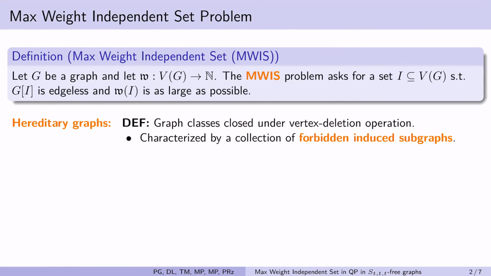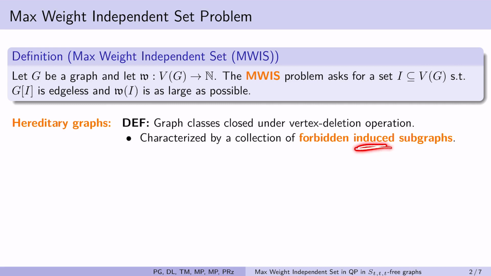Because, as I mentioned, this problem is notoriously hard and notoriously hard to approximate, we would like to know how it behaves on hereditary graph classes. Those are graph classes that are closed under the vertex deletion operation. In other words, those are graph classes that are characterized by a collection of forbidden induced subgraphs.